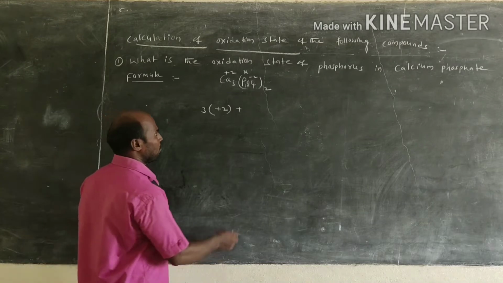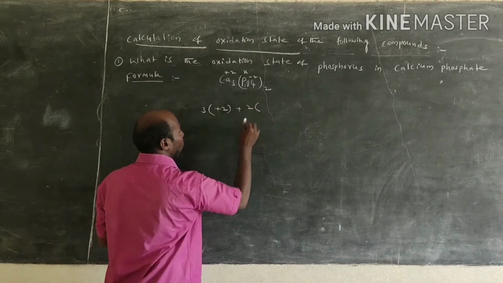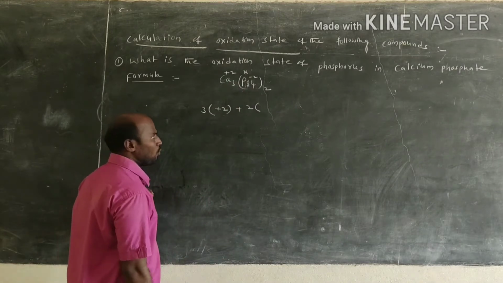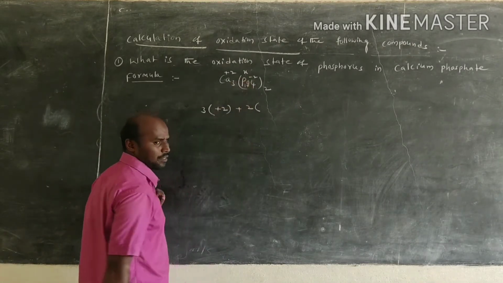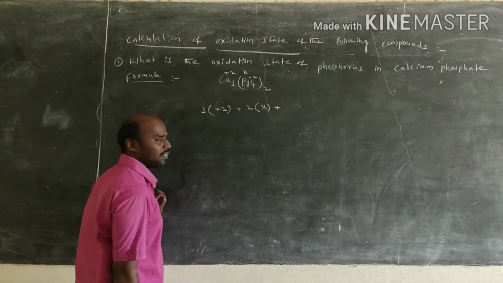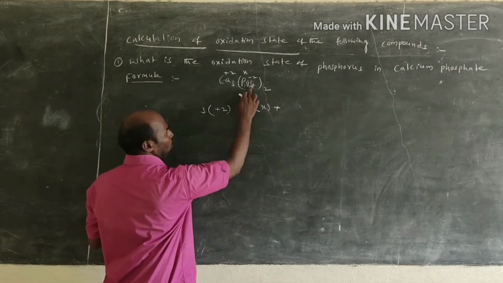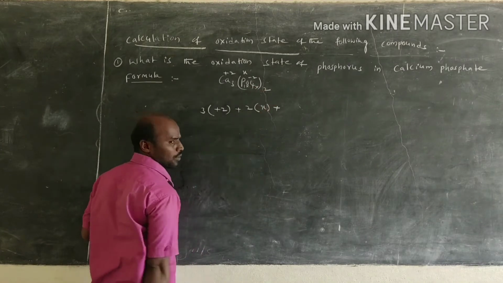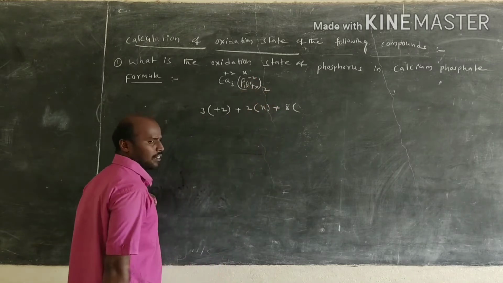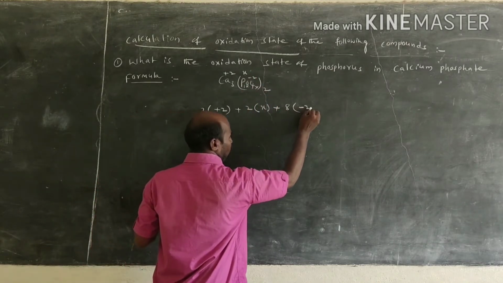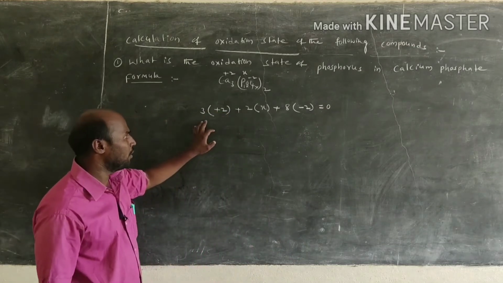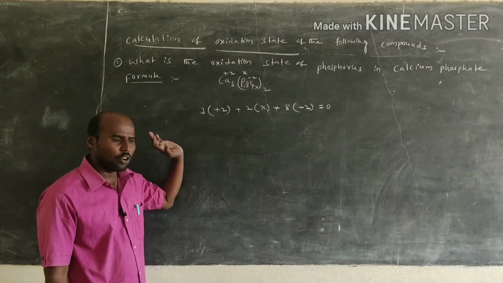How many phosphorus atoms are there? 1 into 2, so 2. What is the charge of phosphorus? We don't know, so that is X. How many oxygen atoms are there? 4 into 2, 8. The charge of oxygen is -2. The oxidation number of all the elements is equal to 0 for neutral compounds.